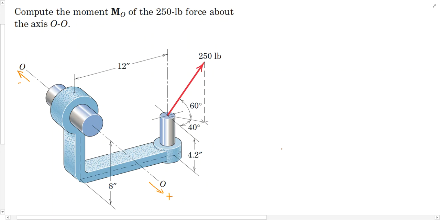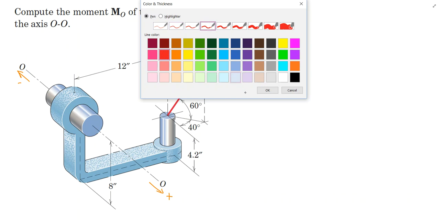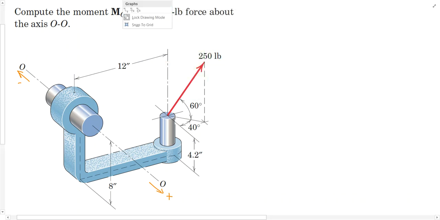All right, let's begin by writing the components for this force, and I want to sketch those components. So let's grab our force arrows. We'll have one component here, one component back here, and another component straight up.